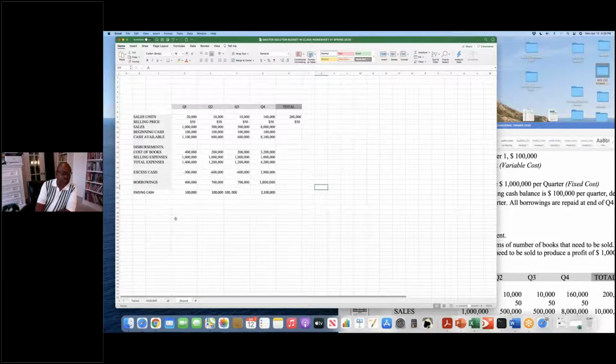They tell the bank that if you work with us, this is how our income statement is going to look at the end of the period. We're going to have sales of what? 10 million, right?